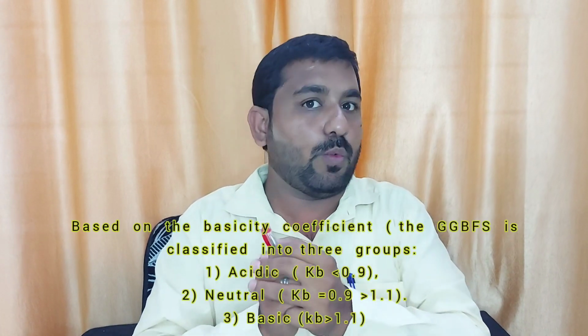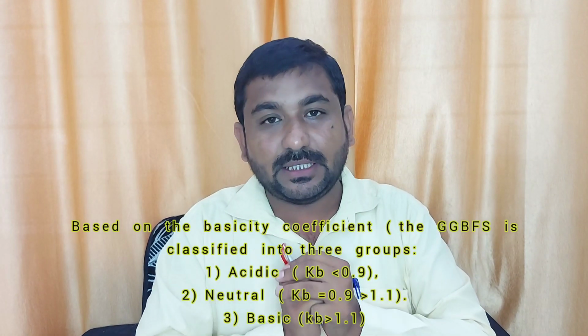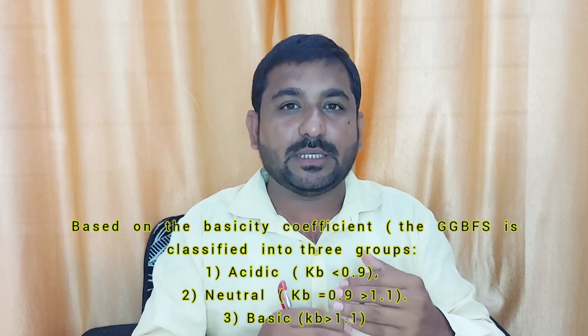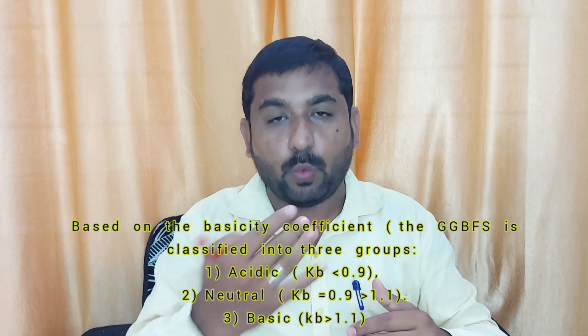The basicity is in three forms: acidic, neutral and basic. Whatever GGBS we select, it is better to go with neutral or basic. The neutral value is around 0.9 to 1.1, but the basic GGBS is around 1.1, more than 1.1. It's good for practice.